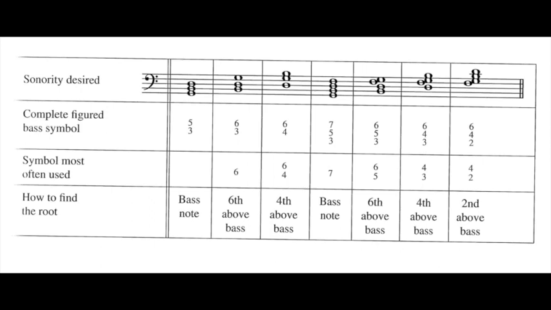Our second inversion in a seventh chord has a third, a fourth, and a sixth. So in this case, we call this a 4/3 chord. And finally, our third inversion we call a 4/2 because its unique intervals are that fourth and that second. Don't worry too much, you'll get some practice.